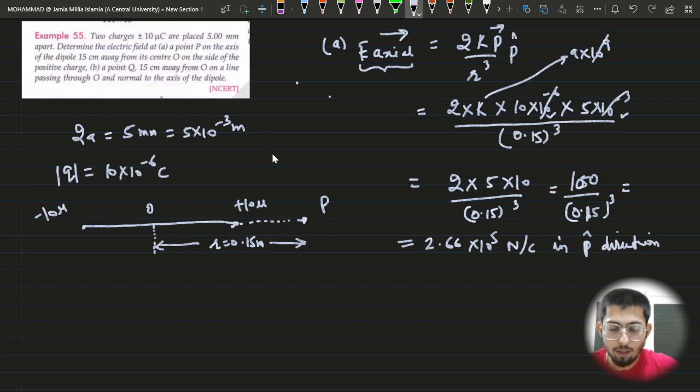And the second part is what? We need to find at a point Q, 15 centimeter away from O, passing through O and normal to the axis. That means this point Q is 15 centimeter away from the center. You can also write 0.15 meters.